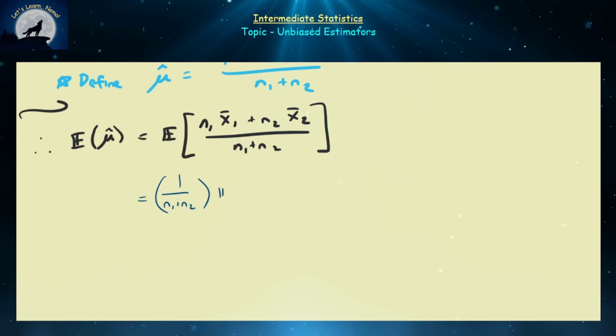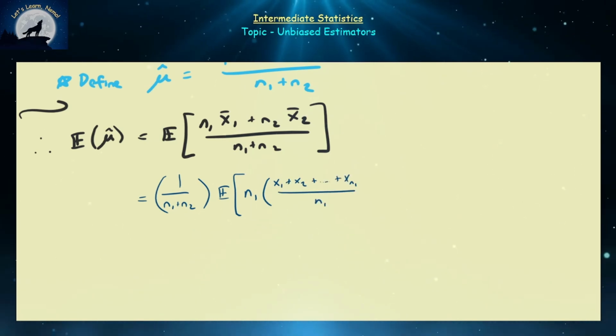So this is going to be equal to the expectation of n1 times x bar 1, which is x11 plus x12, all the way down to x1n1 all over n1, and then plus n2 times x21 plus x22, all the way down to x2n2 all over n2.